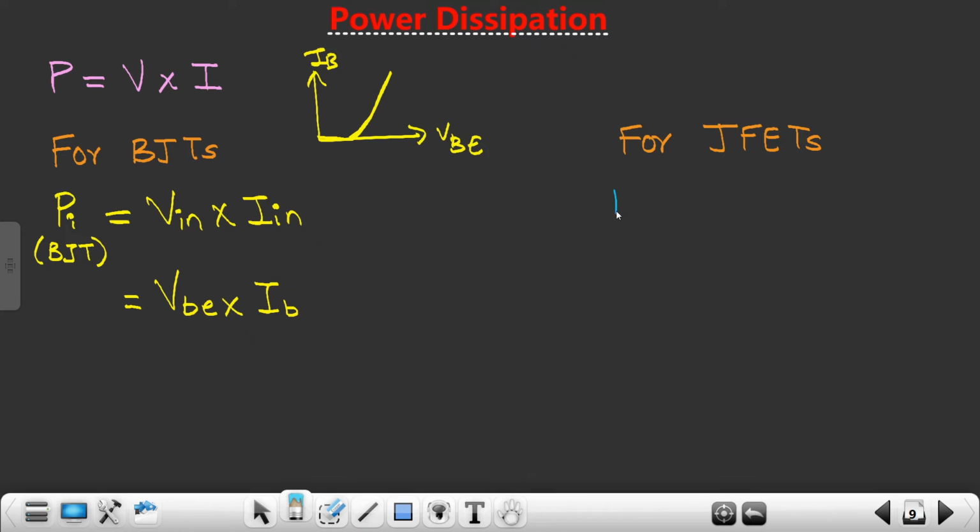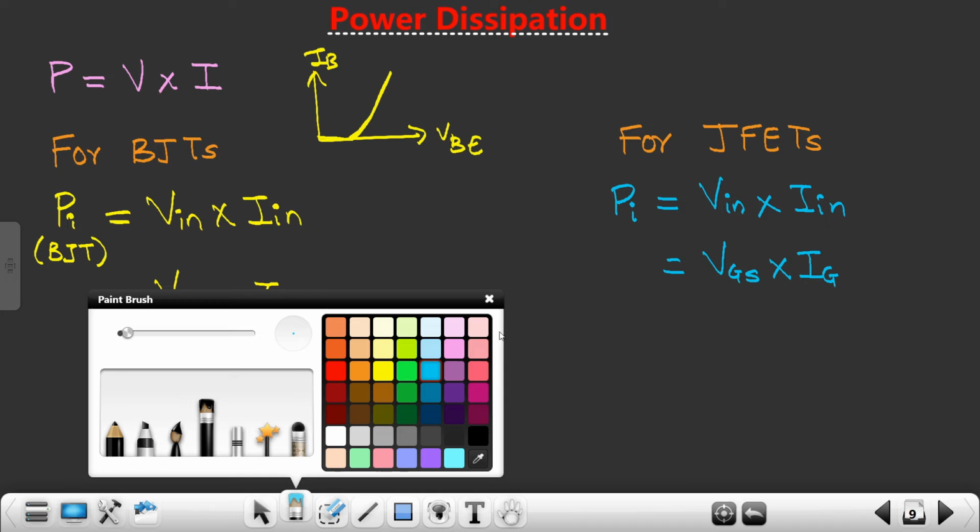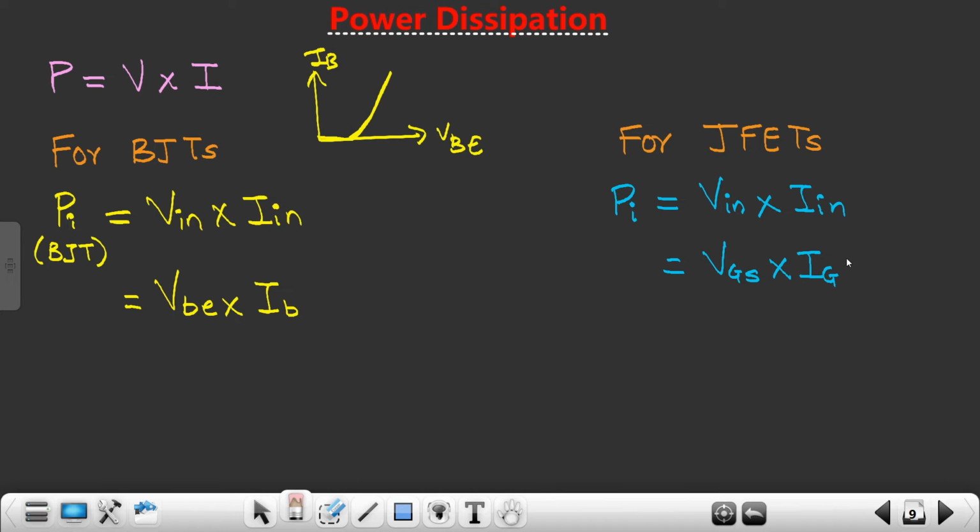We all know power dissipated in the case of a JFET is equivalent to Vin into Iin. In the case of a JFET, Vin is VGS, and what is Iin? Iin is IG, which is equivalent to 0. This is again an ideal condition: our IG is 0 in the case of a JFET.